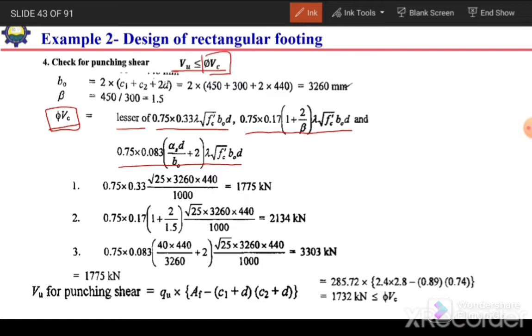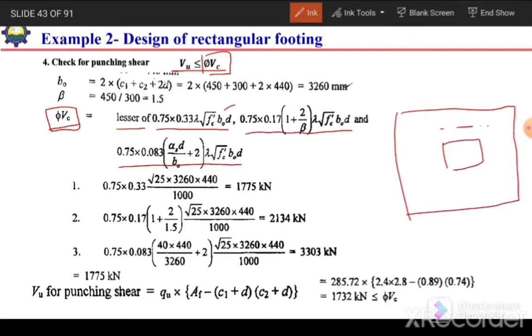In this equation, we need the value of B naught, which is the perimeter of the critical section. If we see our footing is like this, we have the column over here. The critical section will be at a distance d by 2 in case of punching shear from the face of the column. So d by 2 on this side and d by 2 on this side. Similarly, d by 2 on this side and d by 2 on this side.